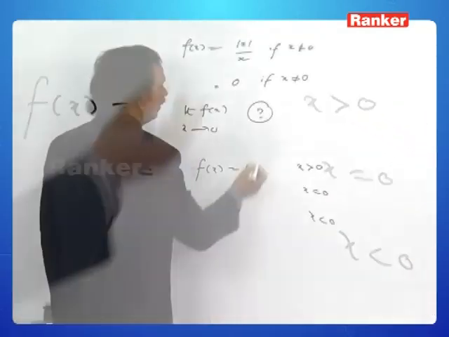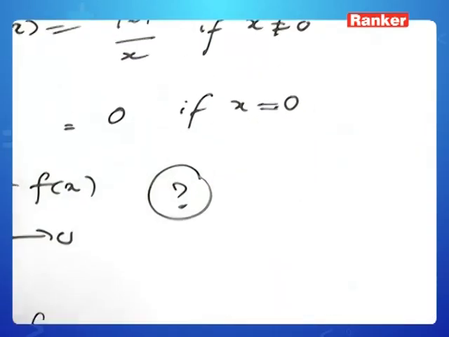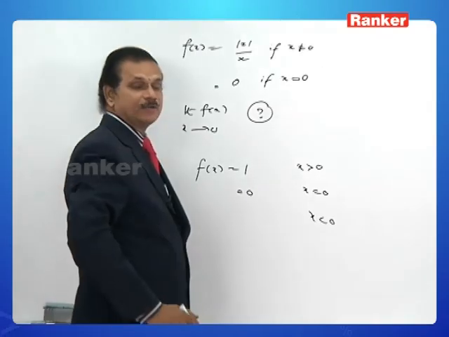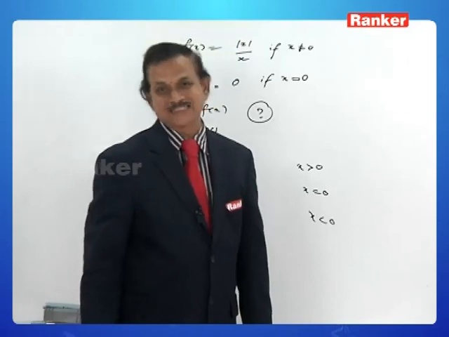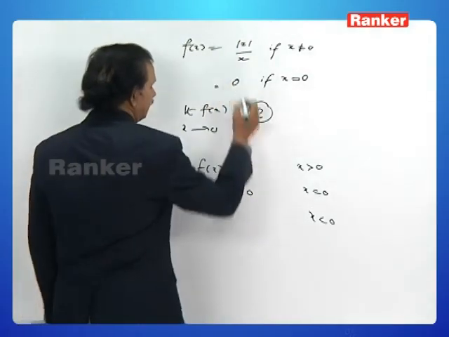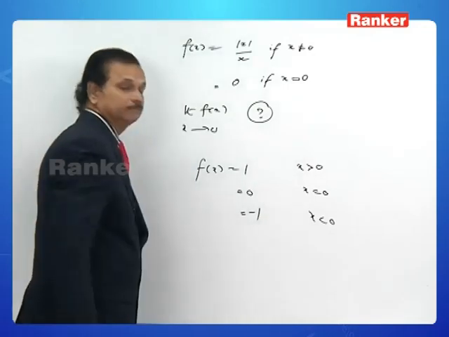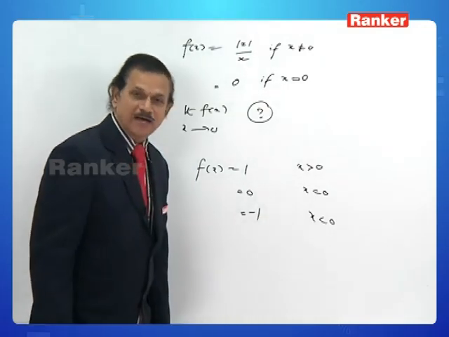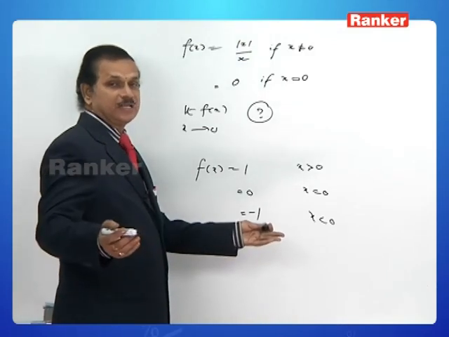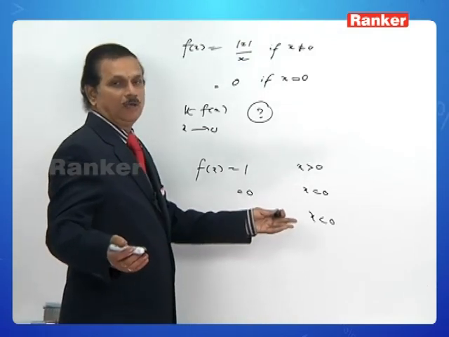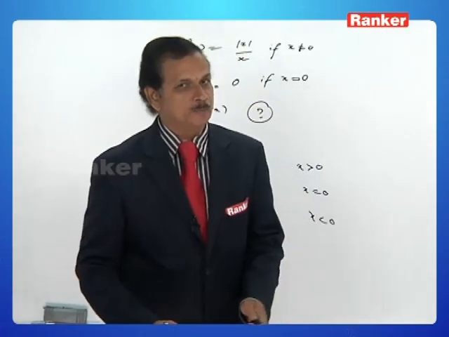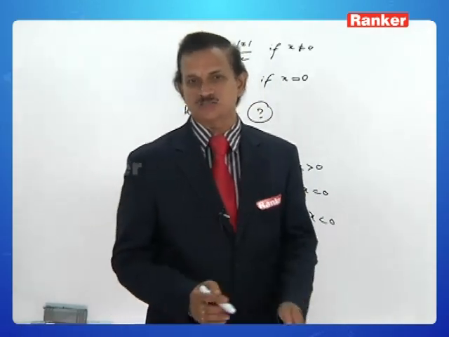If x is 0, it is given that it is 0. And if x is less than 0, what is mod x? Minus x. So it is minus x by x, which is minus 1. Well, we have not calculated the limits at all. We have just seen the nature of the function. How does it behave in different regions?